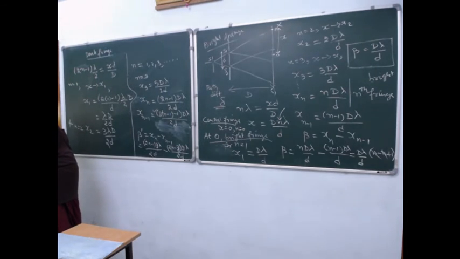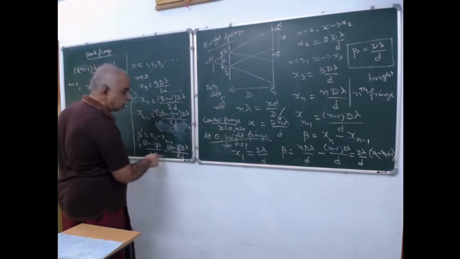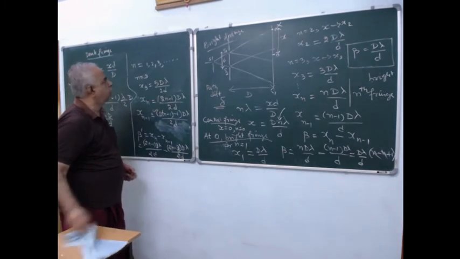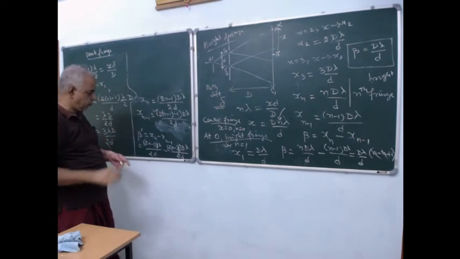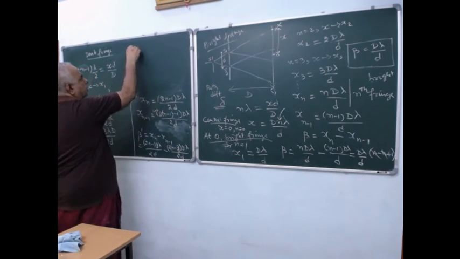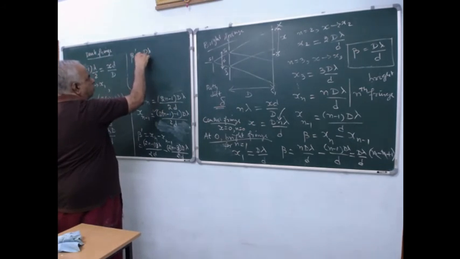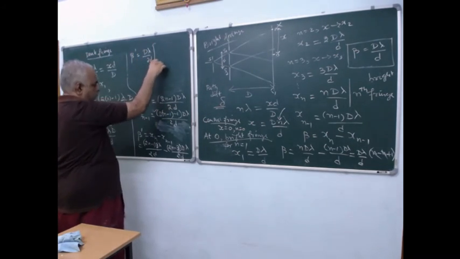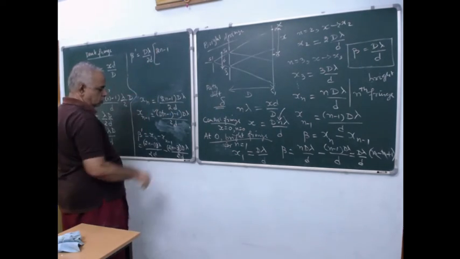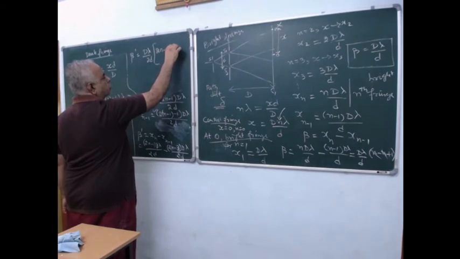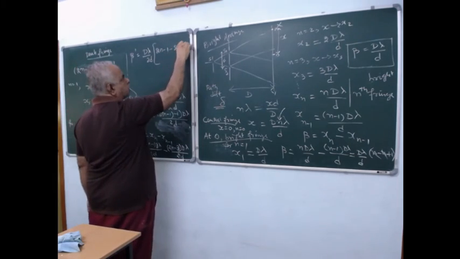Okay. So now which is common here? Lambda D and 2d are common. So we can take outside the bracket. Beta dash is equal to D lambda being common divided by 2d. Open the bracket. Now we have 2n minus 1 minus of minus 2n plus 3.